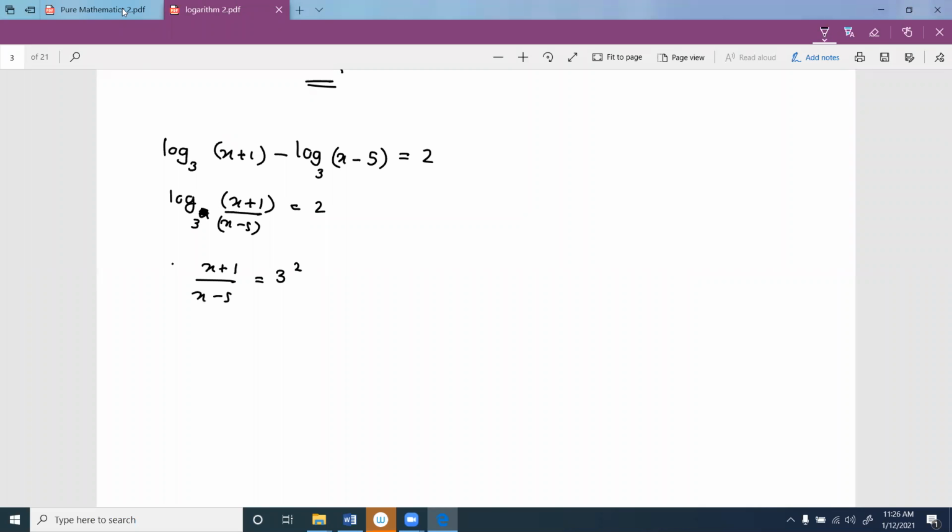Right. Then if you simplify this, you get x plus 1 equals 9 times x minus 5. So x plus 1 equals 9x minus 45.